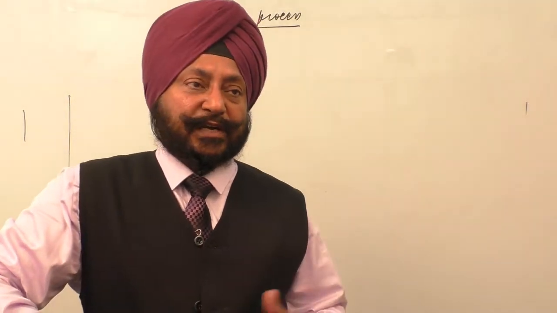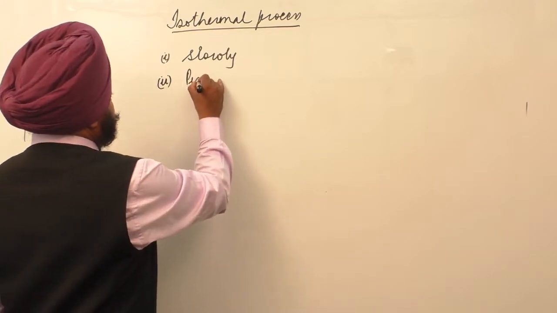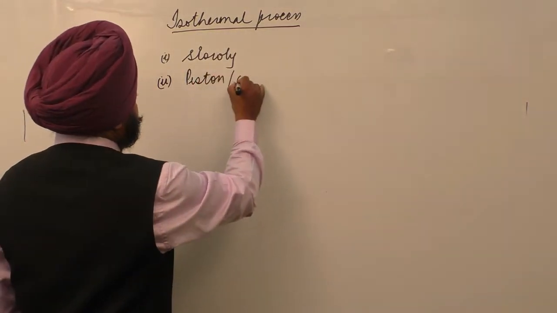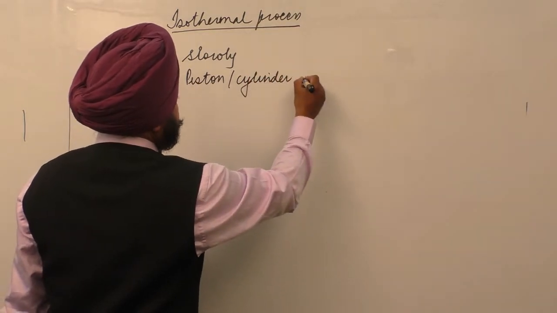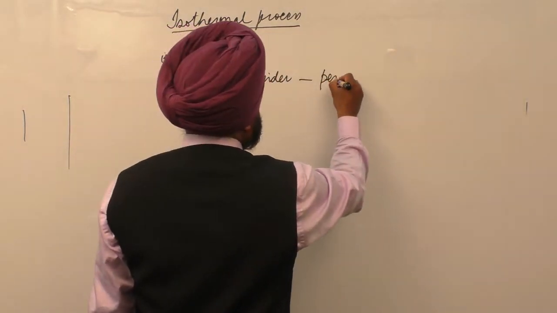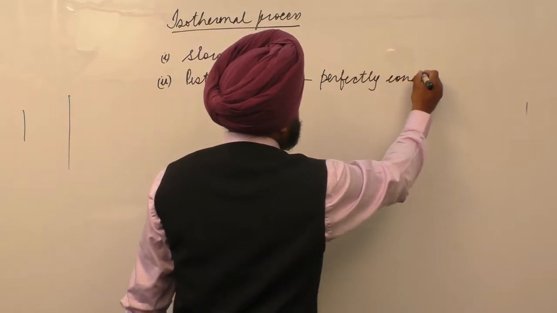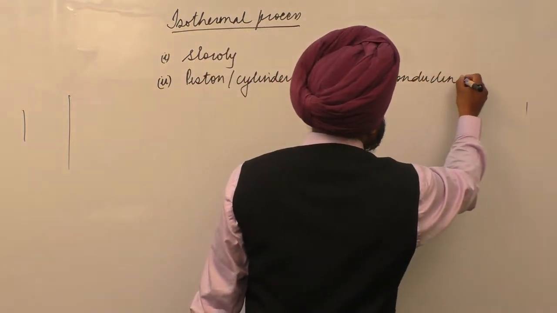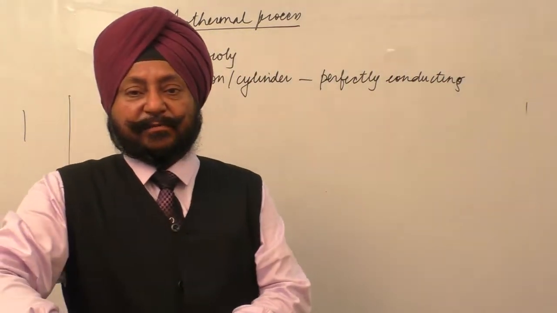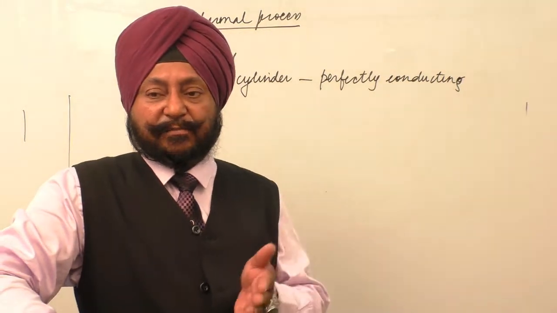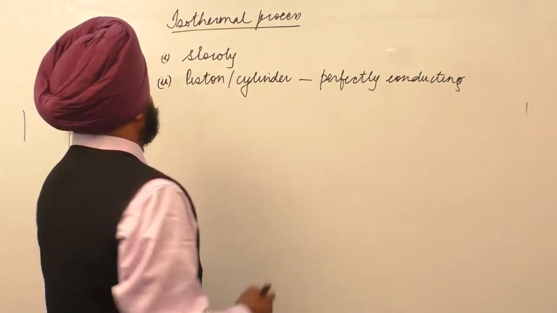So it has to take place very, very slowly, and the piston cylinder arrangement should be perfectly conducting. If these two conditions are satisfied, then we can say that this isothermal process can take place. Number one, very, very slowly. Number two, the piston cylinder arrangement should be perfectly conducting. Now, what are the equations?